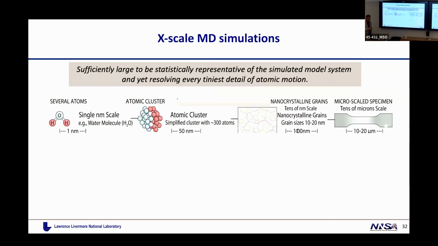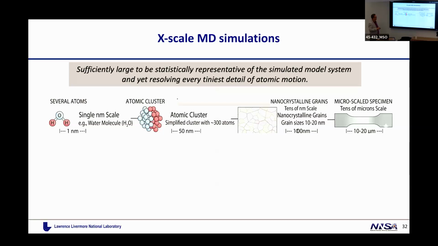Right. And so this brings me to some other things I want to discuss. We call these very large simulations X-scale. It relates to exascale or cross-scale or whatnot. But essentially, these are in the domain we're interested in. These are just huge, right?